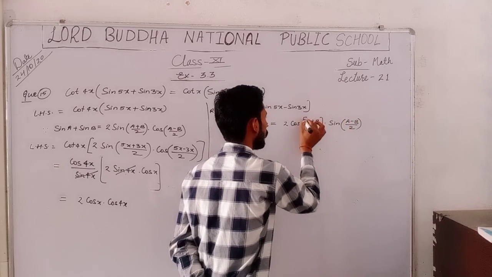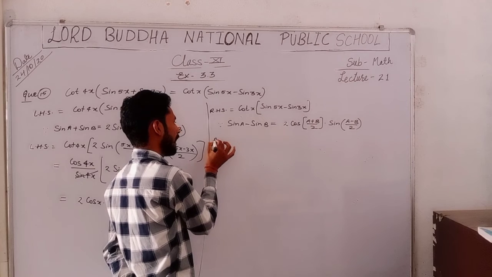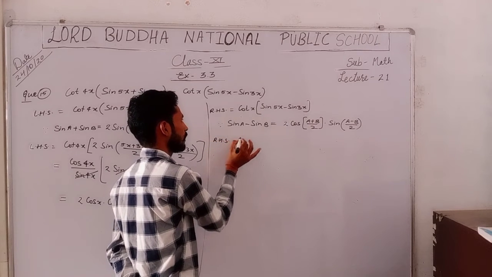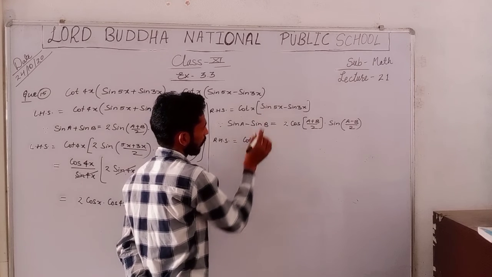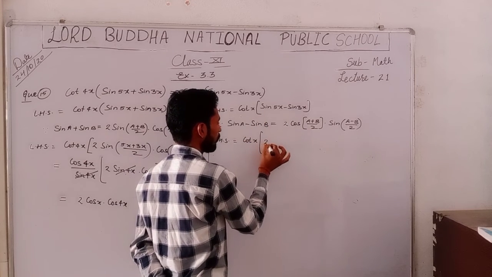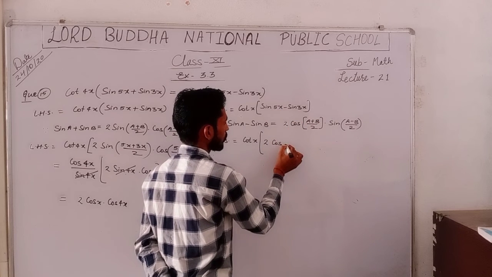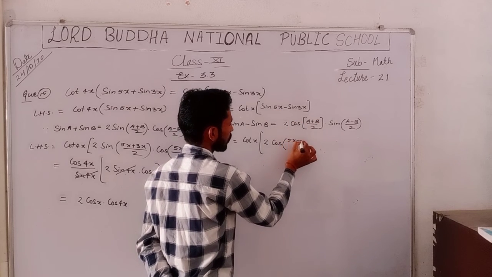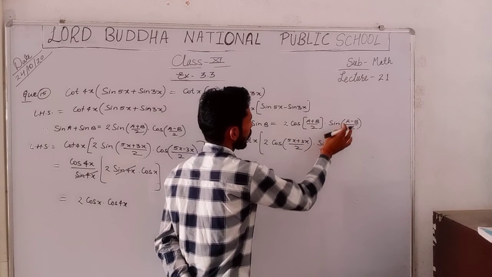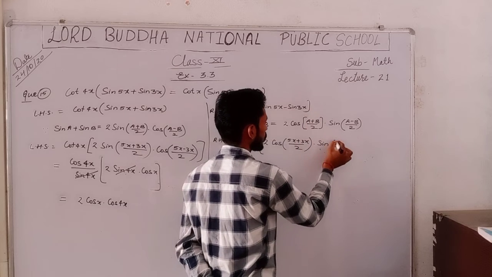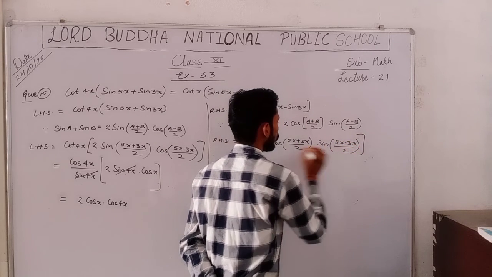Now we can use this formula, then the right hand side will be equal to cot x into 2 cos of (5x plus 3x) divided by 2 into sin of (5x minus 3x) divided by 2.